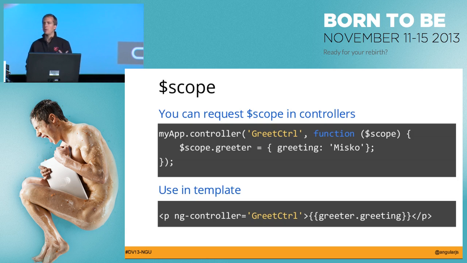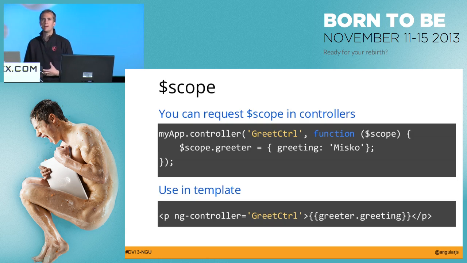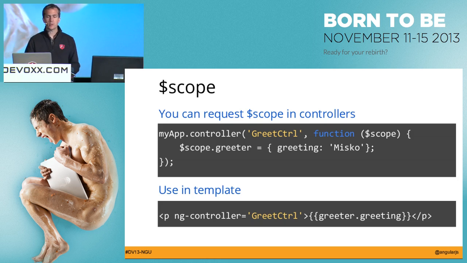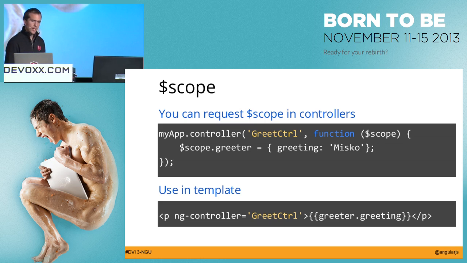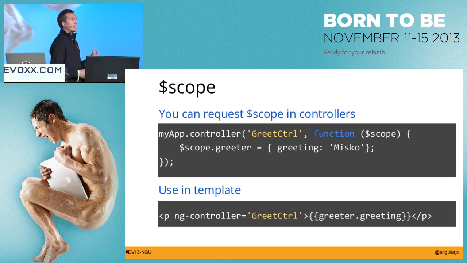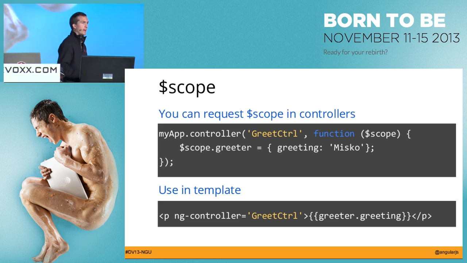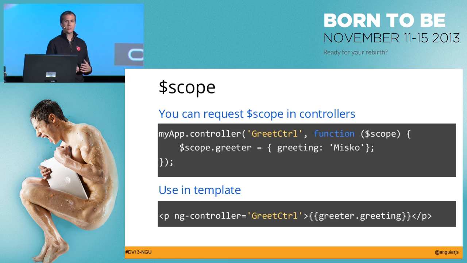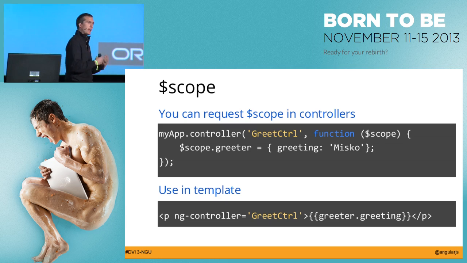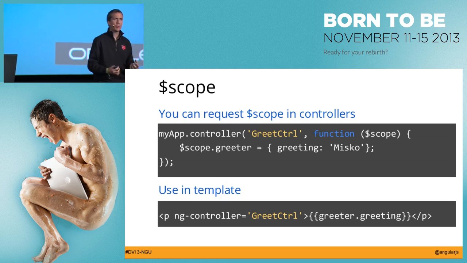Okay. And then, but also, you can request something called a scope. Now, if you have been doing Angular for a while, you're very familiar with scope. This was previously the recommended way to get at or to expose things to your DOM. And the way you would get one is just like any other dependency that we want to get at in an application, where I can just say, hey, my greet controller is a function that takes a $scope. It will automatically get passed in. There's a number of services that Angular provides.